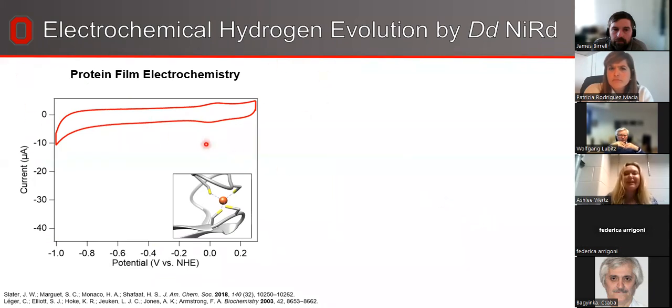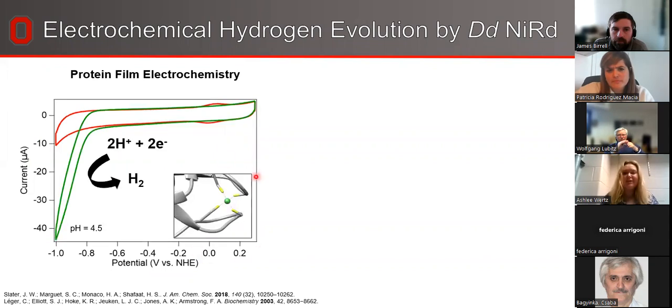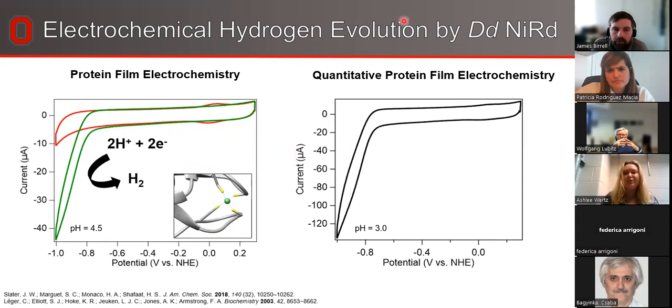Using a technique that I know is very familiar in the hydrogenase community, protein film electrochemistry, we can place our iron rubredoxin on an electrode surface and see a reversible 1-electron couple at about 10 millivolts versus NHE. When we then do the substitution for nickel, we see a catalytic current, which we attribute to hydrogen evolution. Not only can we observe hydrogen evolution, but we can also quantify it with what's known as quantitative protein film electrochemistry.